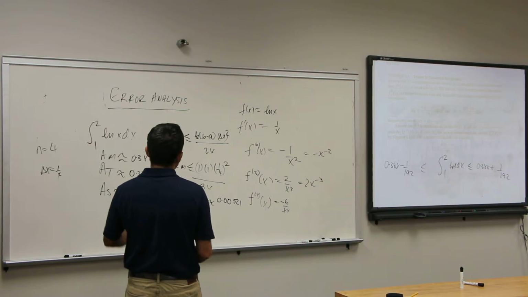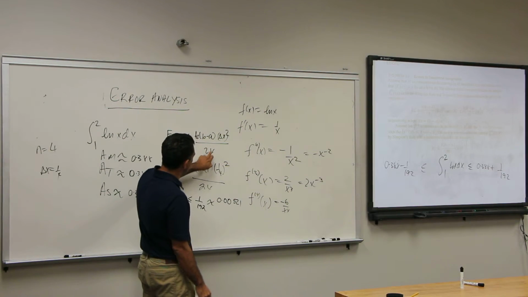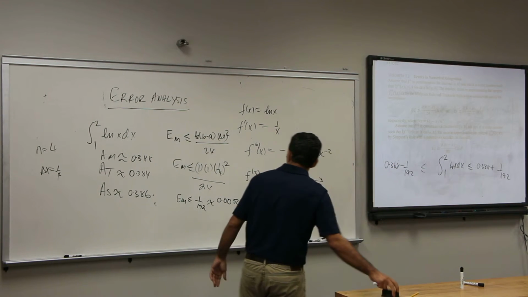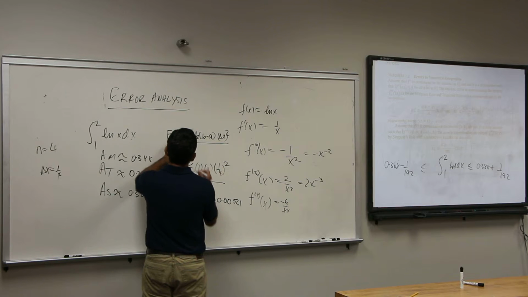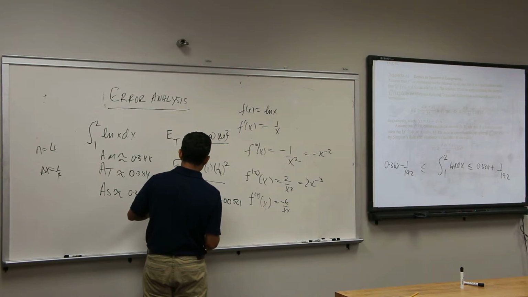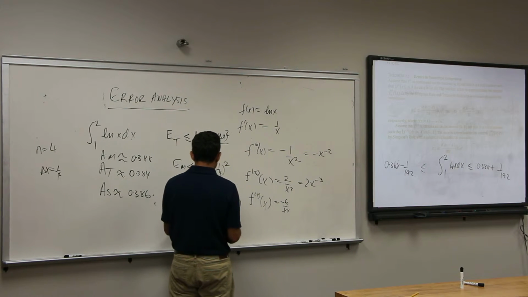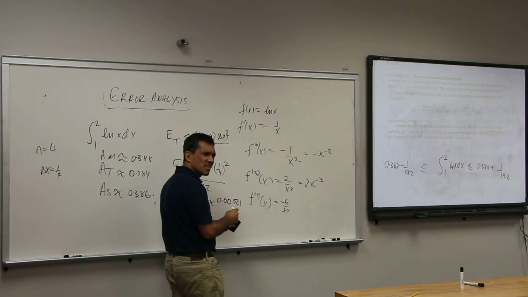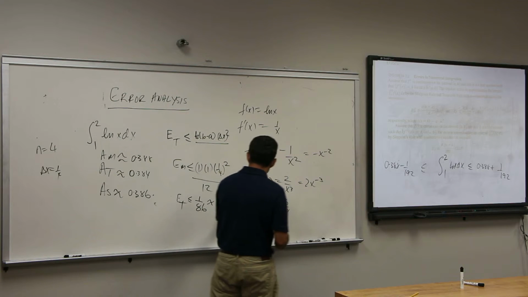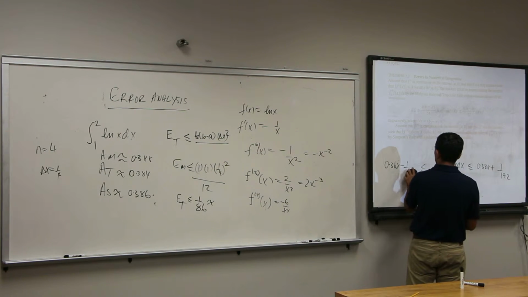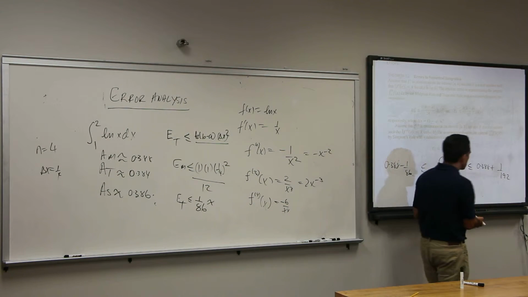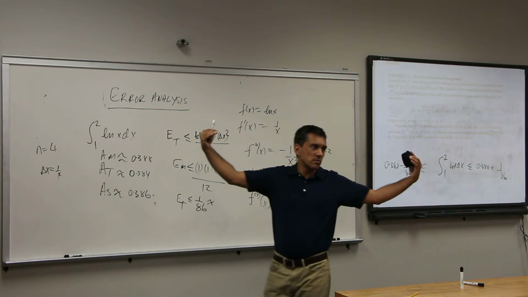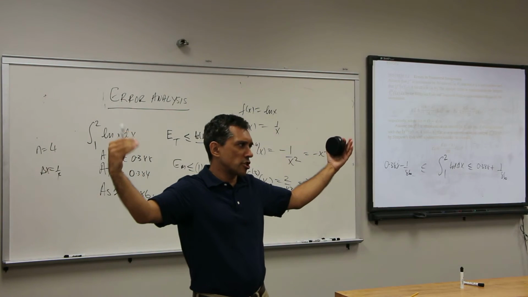For the trapezoidal rule, I'm going to do the same calculation, this time with 12 in the denominator. That gives a wider interval, so you have less precision.